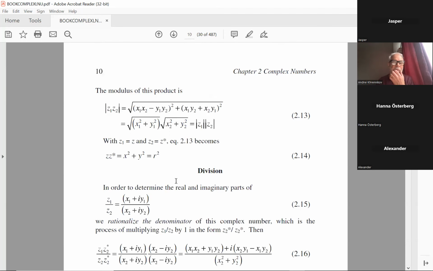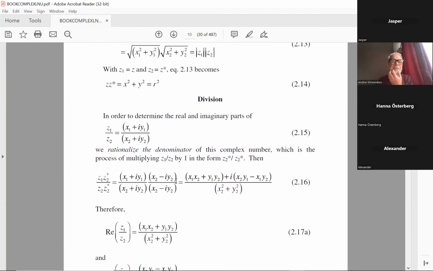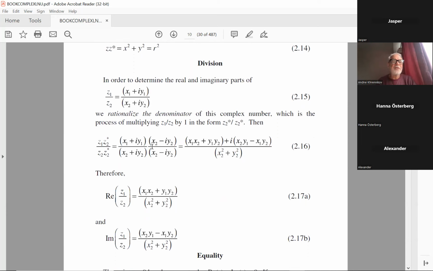It's very simple. Division is a bit more interesting. You have two numbers written in this way. What we want is that the denominator would be a real number. So how do we produce a real number? We multiply by the complex conjugate, and then we get the square of the modulus, the square of the absolute value.